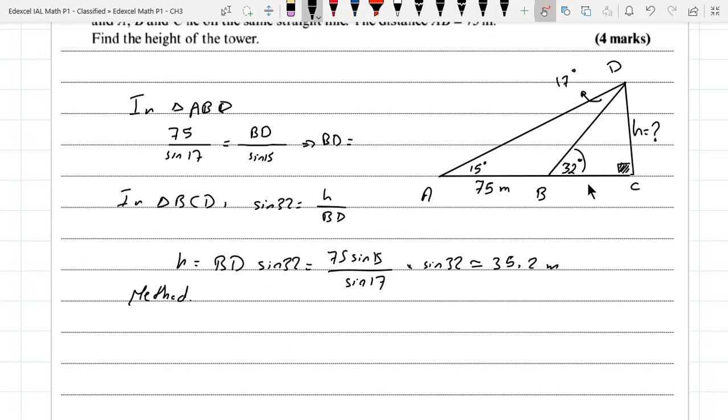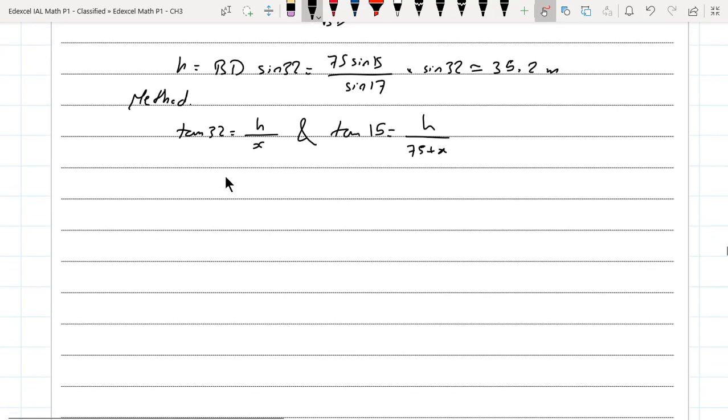We have another method now. If we call BC to be X, from the right triangle we can say that tan 32 is equal to opposite, which is H, divided by adjacent, which is X, right? And also for the big triangle ACD, we can say that tan 15 is equal to H divided by 75 plus X. So from the first ratio here, we can say that H is equal to X tan 32.